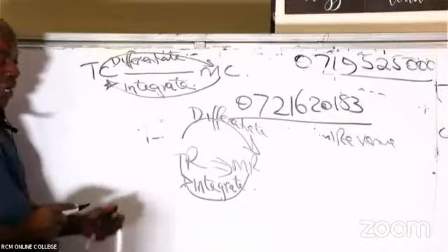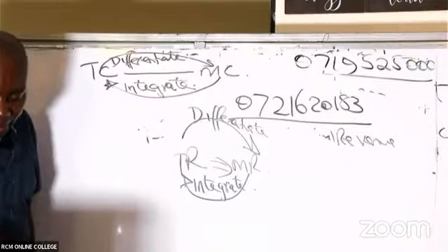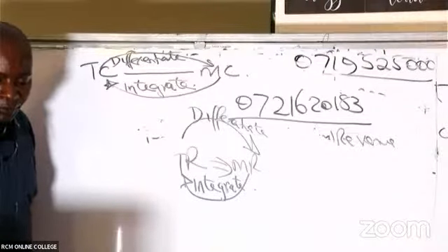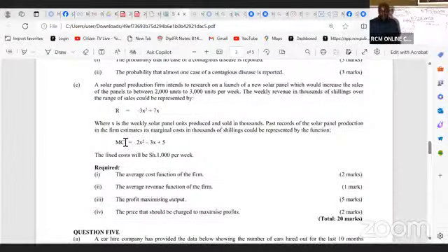And that is why last semester, this examiner came and told you this. He gave you MC, where MC stands for marginal cost, and X is a weekly solar panel, units produced and sold in thousands.